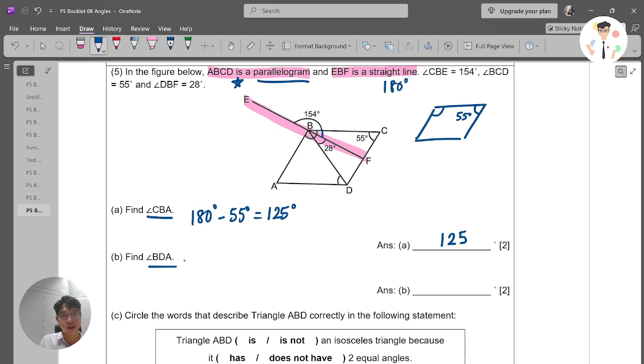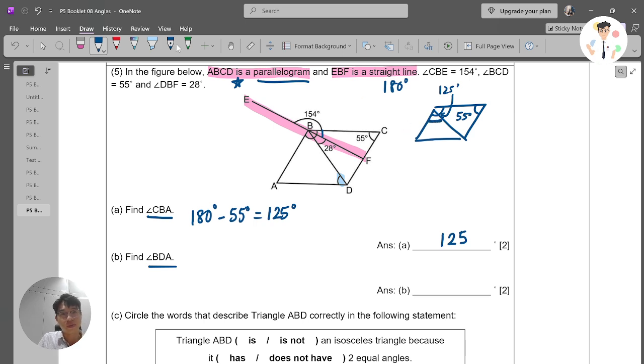BDA. Right? BDA is where? BDA, let me just quickly highlight it using blue. BDA, so it's here. Now, in order to find here, there is something that I should take note of. First, I know the whole thing here is 125, right? And if I split into half, my question to you is, can I straight away divide by 2 to find out what is here?